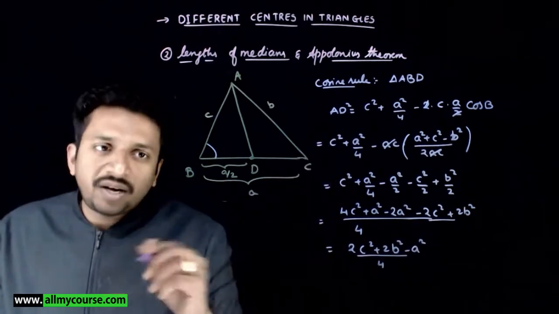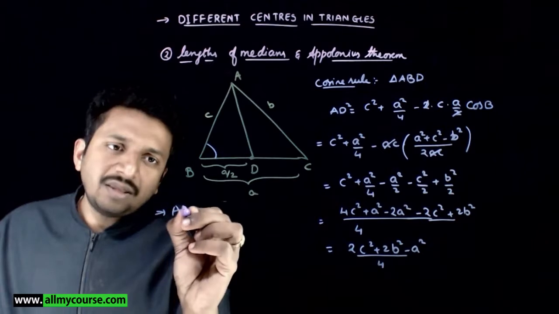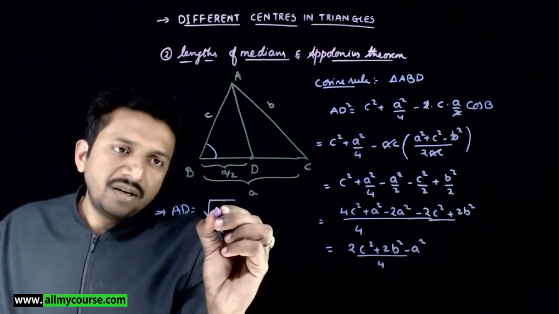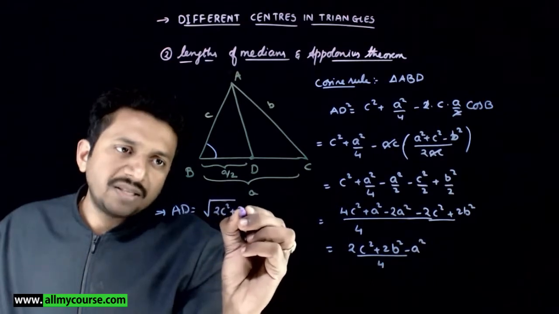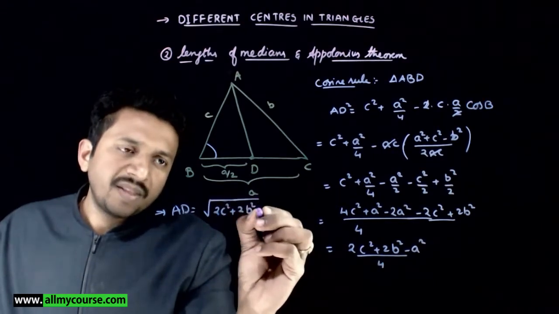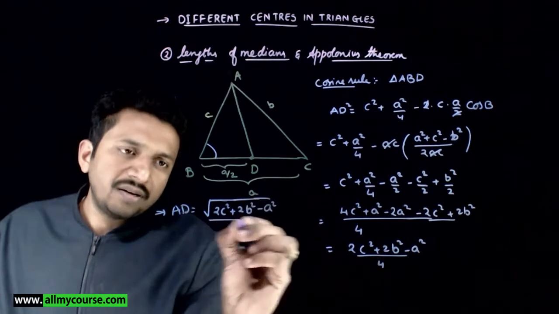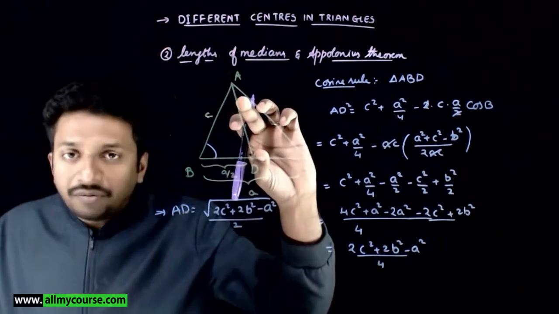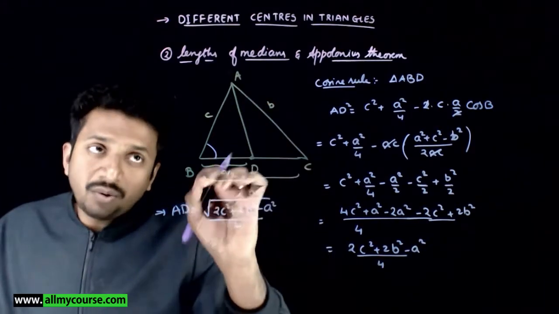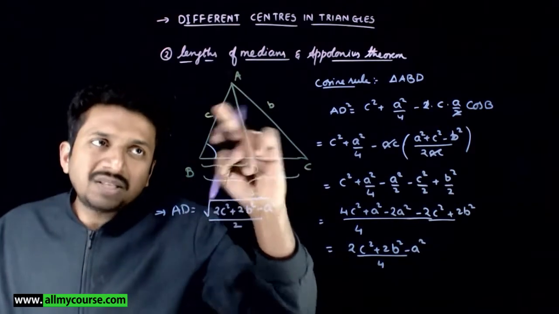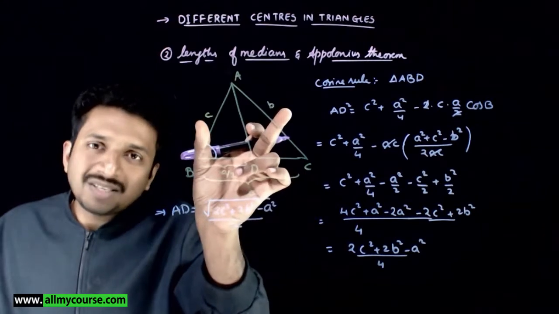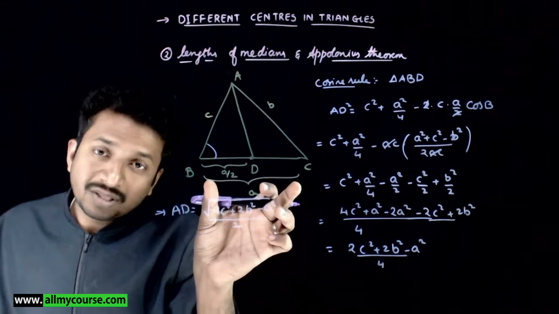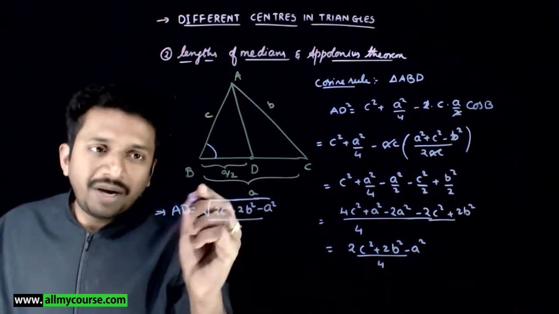This is AD square. Hence, the length of median AD is equal to root of 2c square plus 2b square minus a square, divided by 2. So if you want the length of AD, it's the square root of 2 times the squares of the adjacent sides minus the square of the length of the opposite side, by 2.